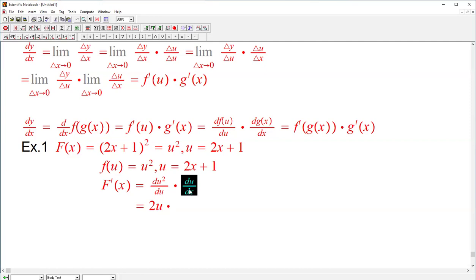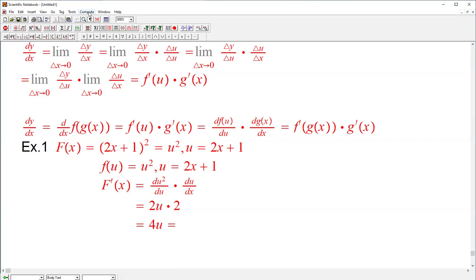And du dx, we take the derivative of 2x plus 1, and that equals 2. Okay, so du dx, we know how to find it, right? That's pretty straightforward. The final answer is going to be 4 times u.